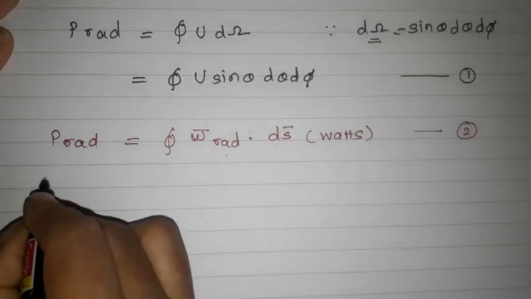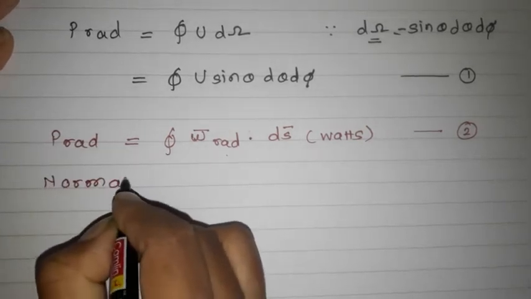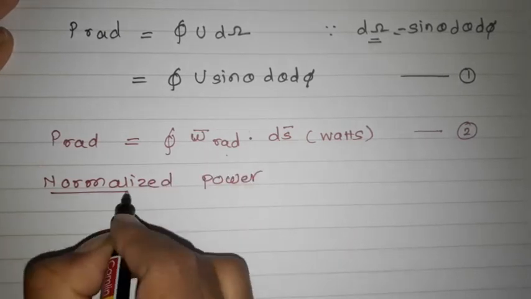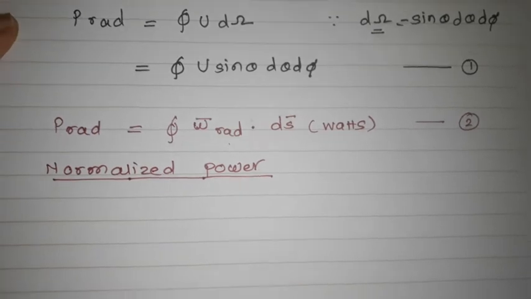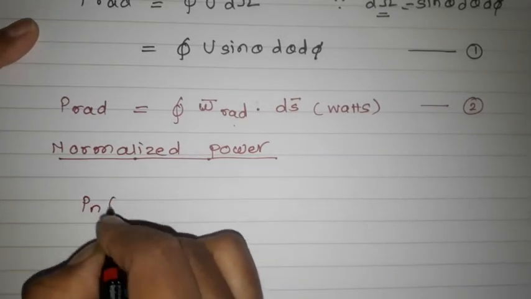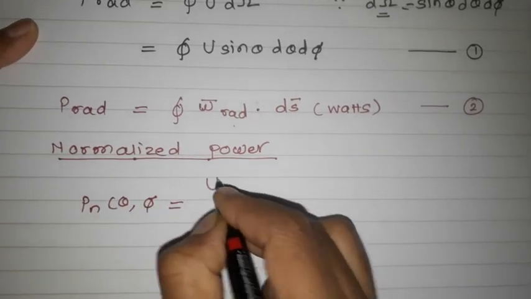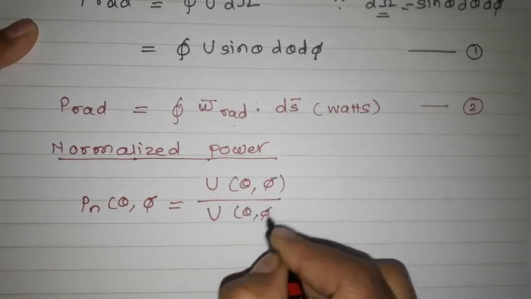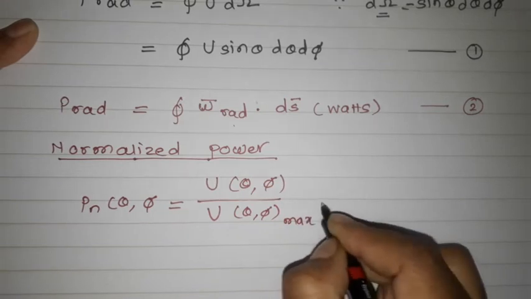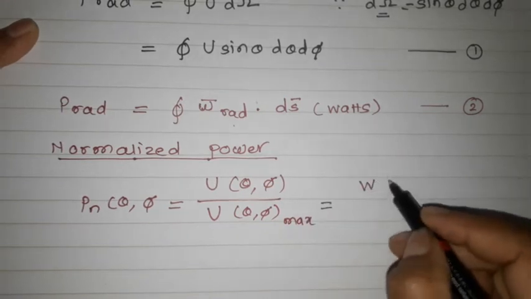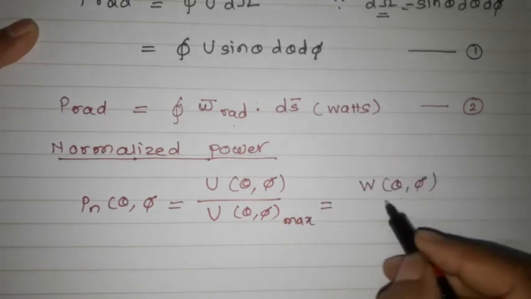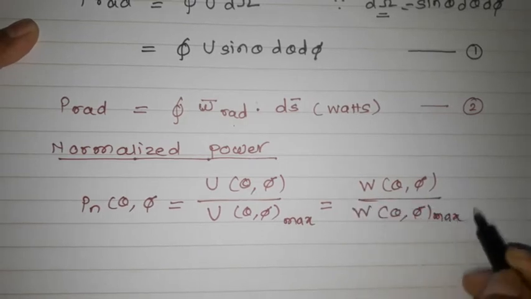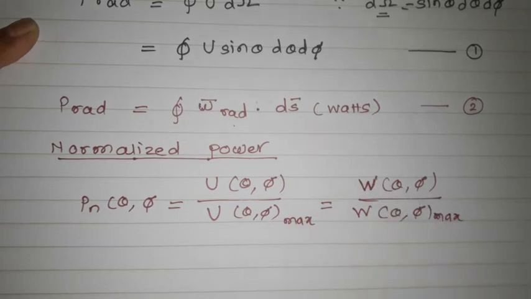If you know the radiation intensity, you can calculate the normalized power Pn(theta, phi) equal to U(theta, phi) divided by U max, or in terms of the radiation density, W(theta, phi) divided by W max. This is a function of theta and phi.